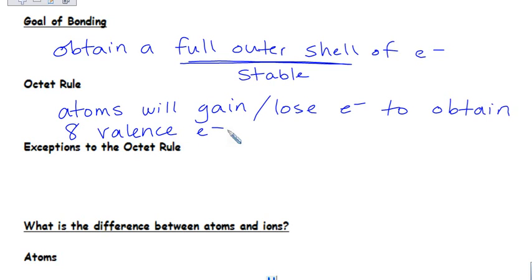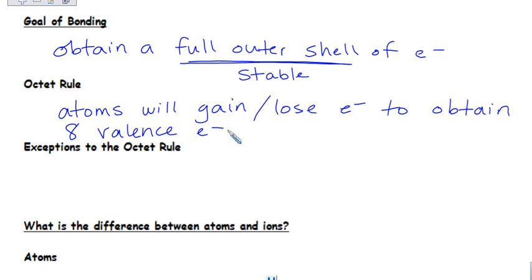Magic number 8. So some atoms might need to lose a few, some might need to gain a few, but our goal is to get 8 electrons in the outer shell. And that would be 2 in the S, 6 in the P, for a total of 8.